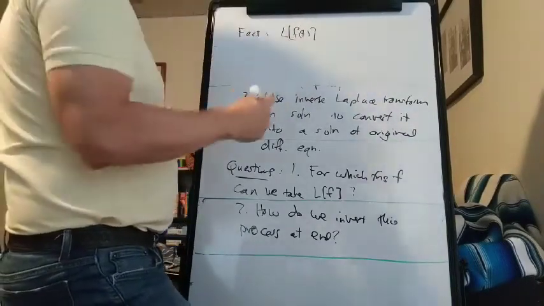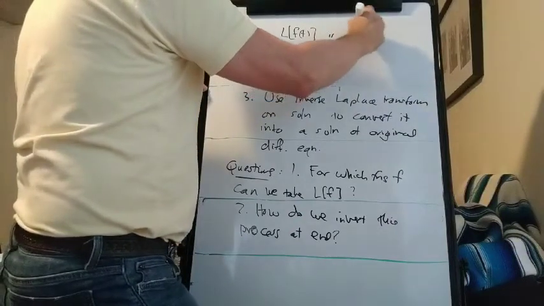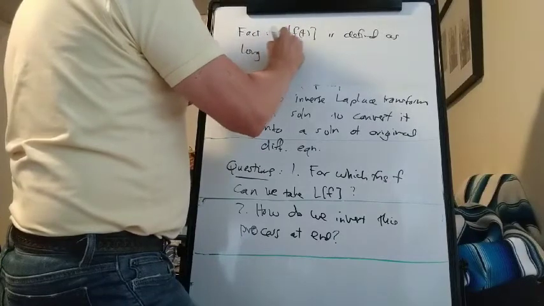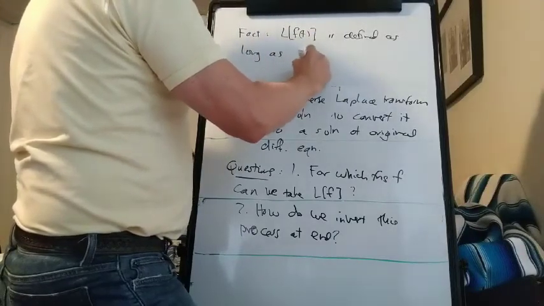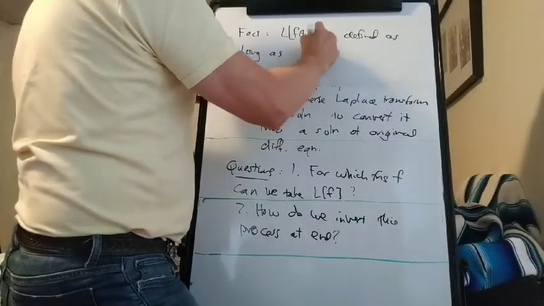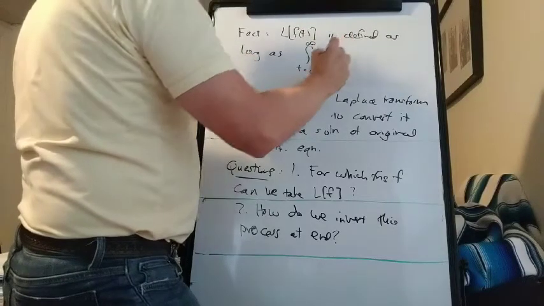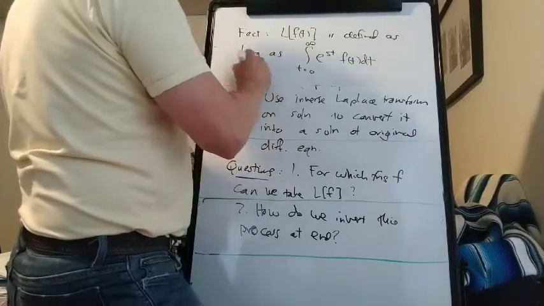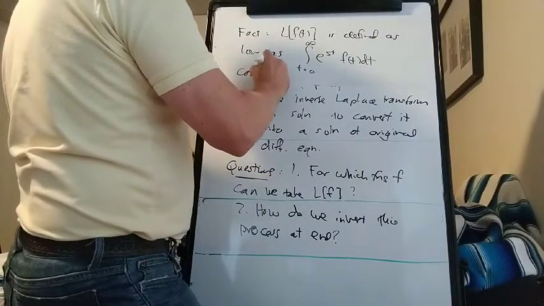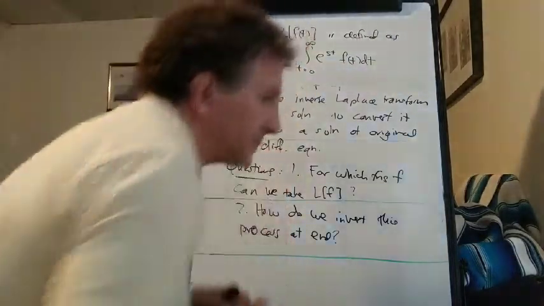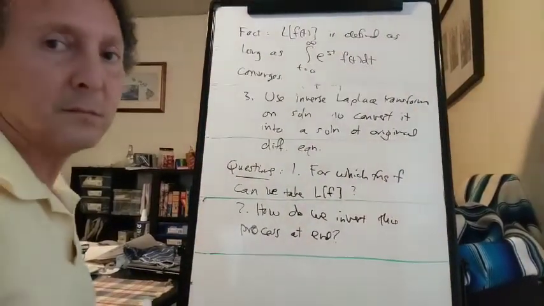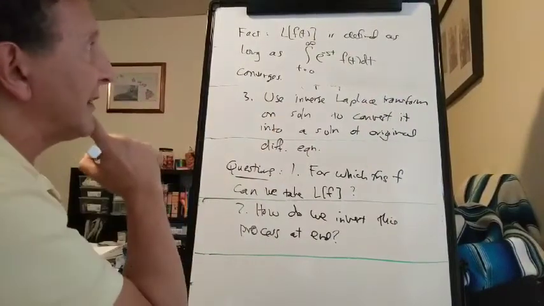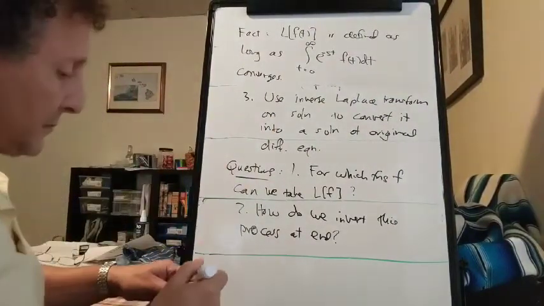So the Laplace transform of f of t is defined as long as the integral that we use to define it converges. Oops, I forgot a minus sign here. e to the negative st f of t dt.